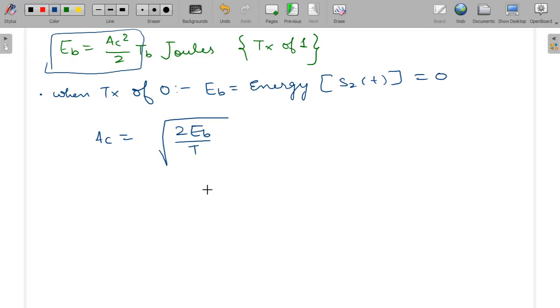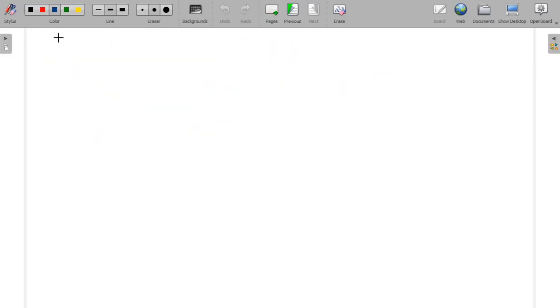So next we can see the constellation diagram of the ASK signal. If you have any doubt, you can ask me anytime because I am available on WhatsApp also. So in the constellation diagram, we have to represent the symbols S1 and S2 on the graph.